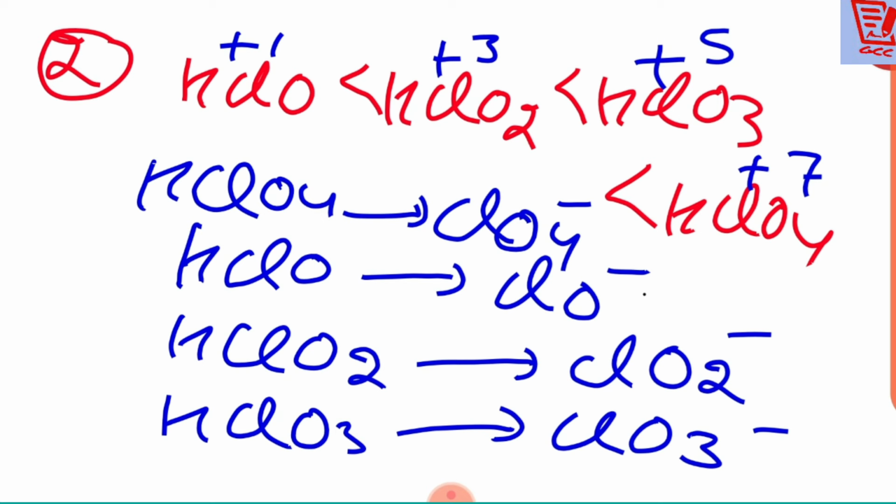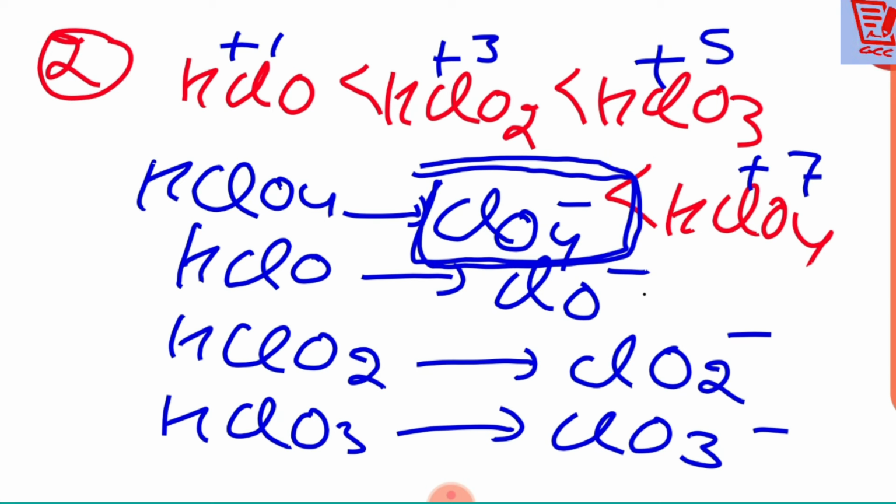Is that clear? Like this way only we are forming. Now they are saying, after the removal of hydrogen, ClO4 negative has the maximum stability, and ClO negative has the least stability.